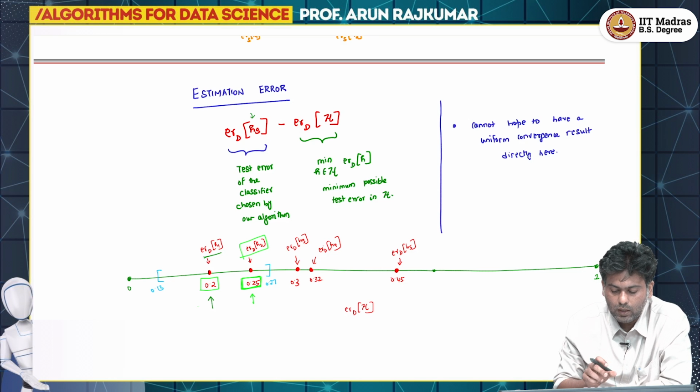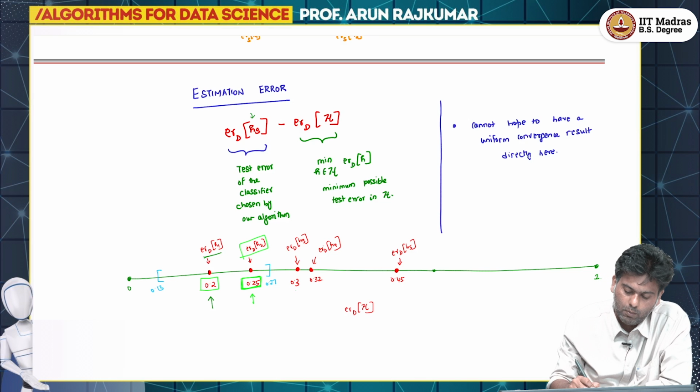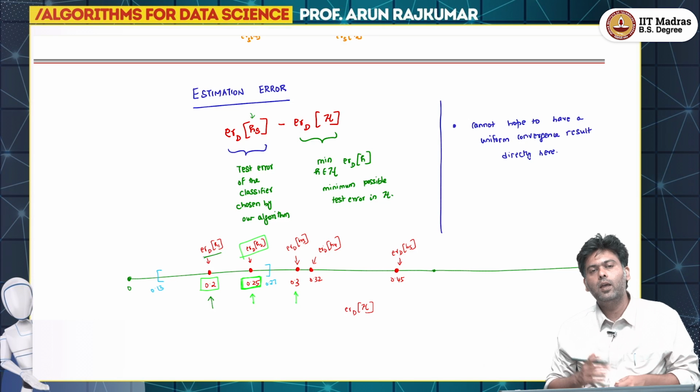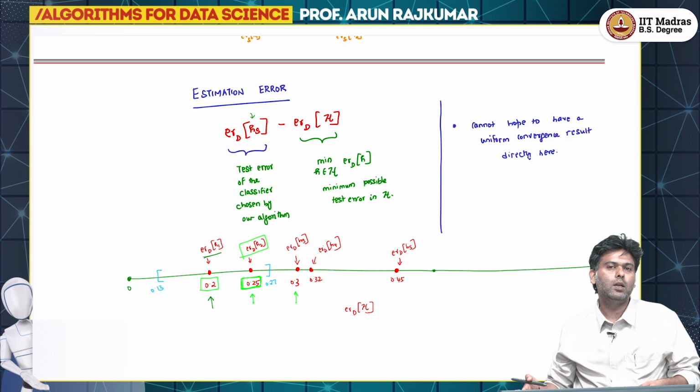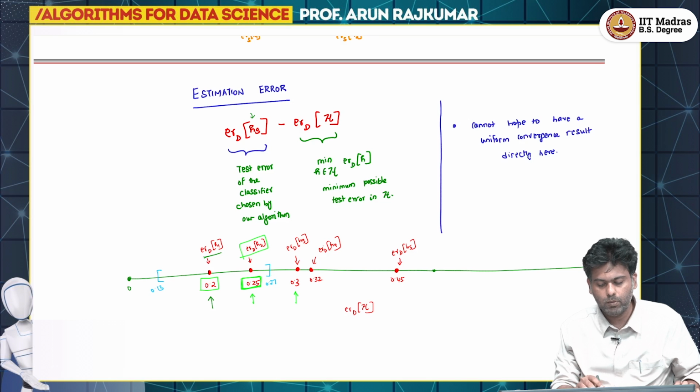So now when I say I cannot get a uniform convergence, well, maybe for H2 I will get it, but I cannot argue that every classifier's test error is going to be uniformly close to the test error of the best possible classifier. That is simply not going to be possible, because some of them are going to be away.